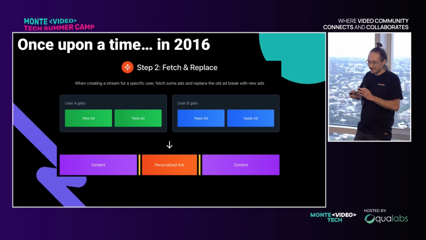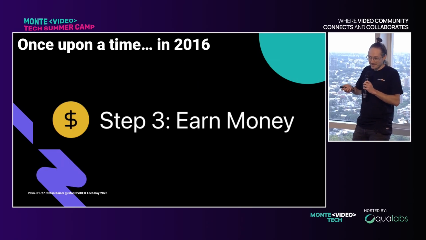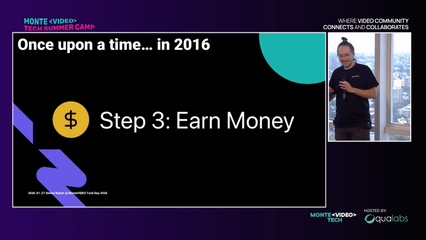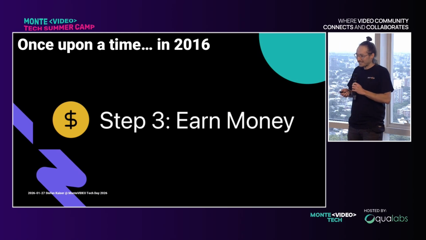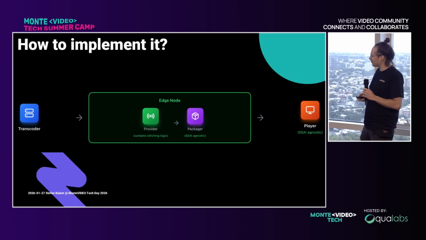As an OTT provider, you can do it, and then earn some money, basically. Everyone earns some money. It's a win-win thing with SSAI in the end. So we thought, hey, let's do it. And we started with it, and now, after 10 years, I ask: was it really that easy? So let's have a look.